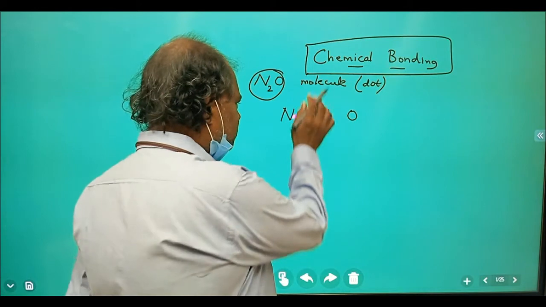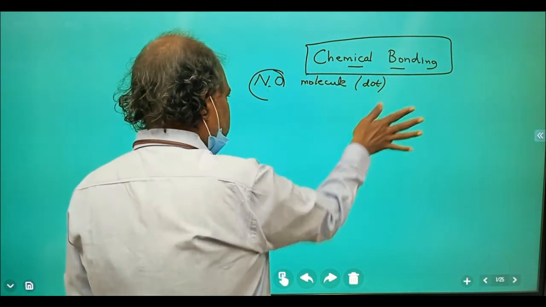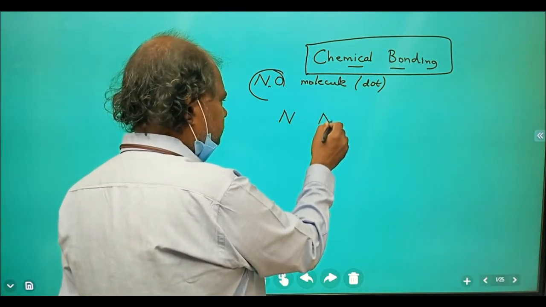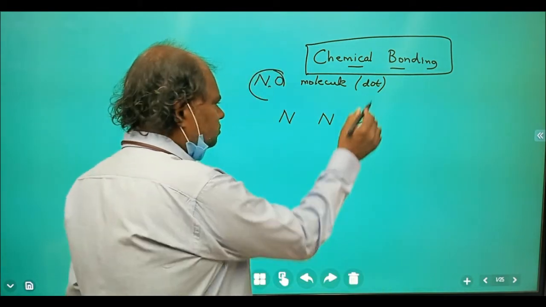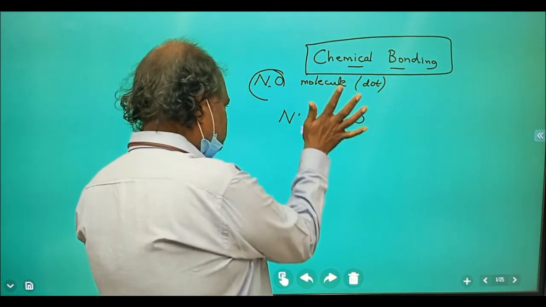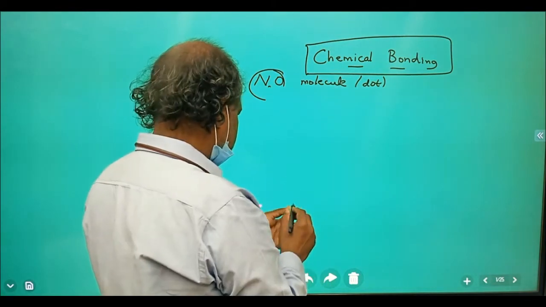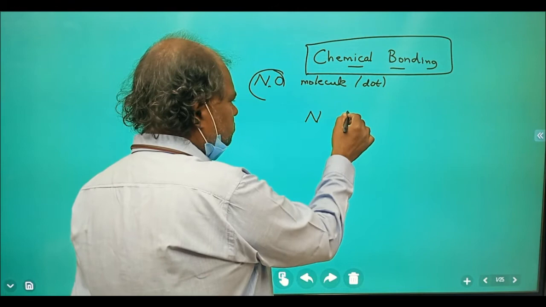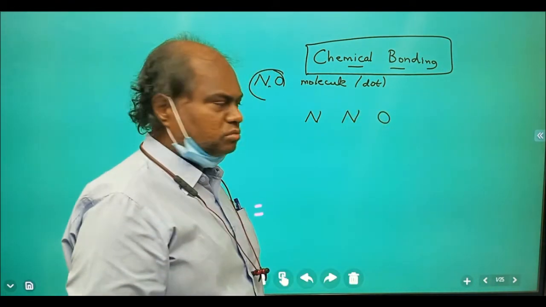Let us draw the dot diagram now. So experimentally you get it like this, N and O, right?